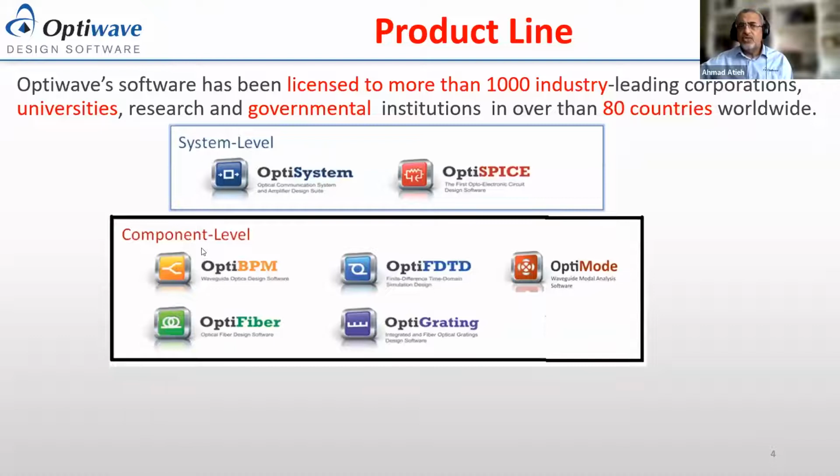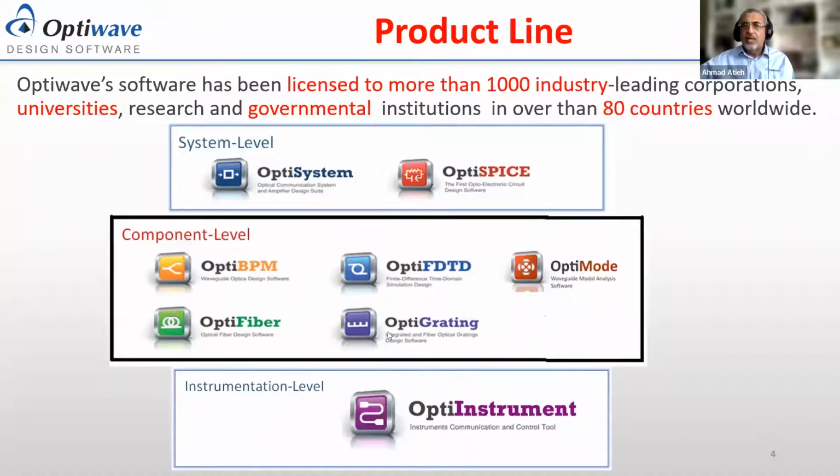The other category is used for component level simulation, like OptiBPM, OptiFiber, OptiFDTD, OptiGrating, and OptiMode. The last category is instrumentation level software, and that is OptiInstrument software, which is mainly today's webinar. We're going to talk about it.